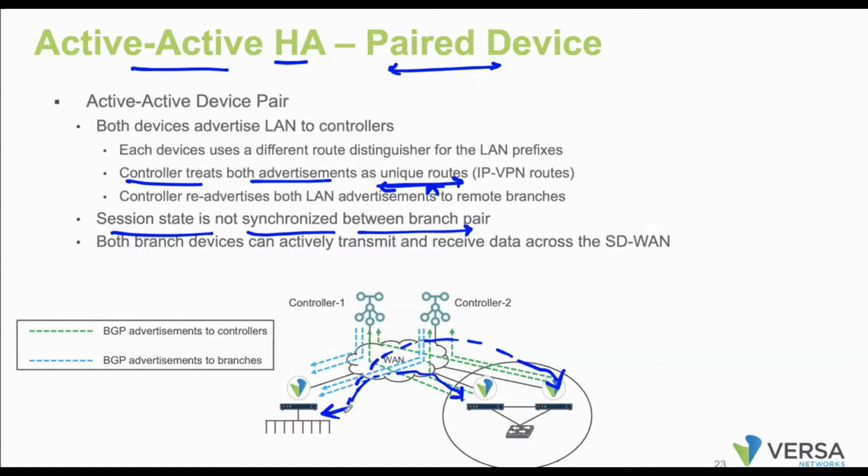As it has got the two next hops received from the controller for the same prefix, it goes with BGP route selection and considers one of the branches as an active route. It uses that active route and starts forwarding the traffic. It may forward to the branch in CP01, or it may forward the traffic to CP02.